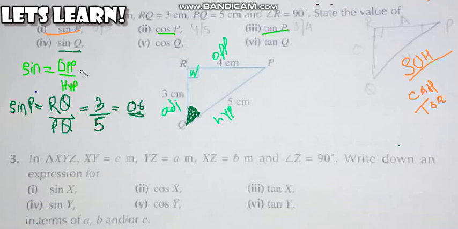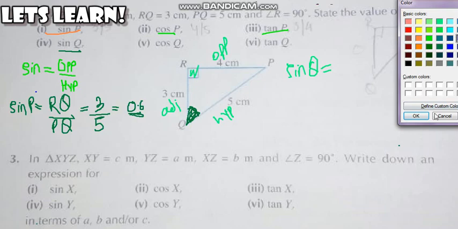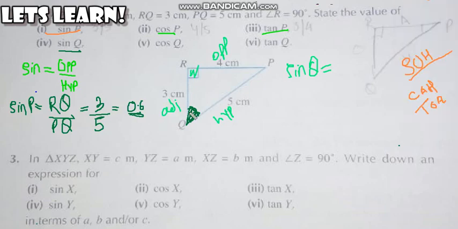So I'll be using the same formula because I have to find the sine here, but this time I have to find the sine of angle Q. So sine of angle Q is equal to, so here opposite side is my RP. This time RP is my opposite side divided by my hypotenuse, which is the same, that is PQ.